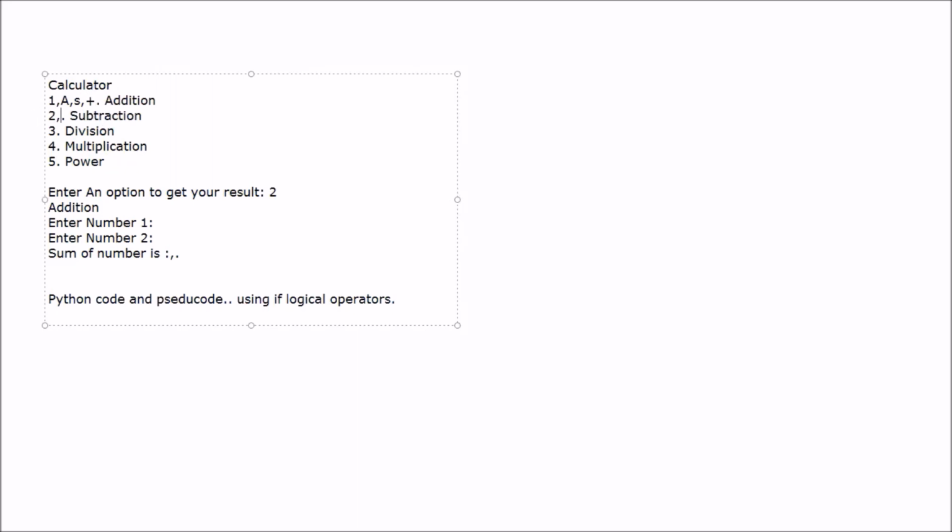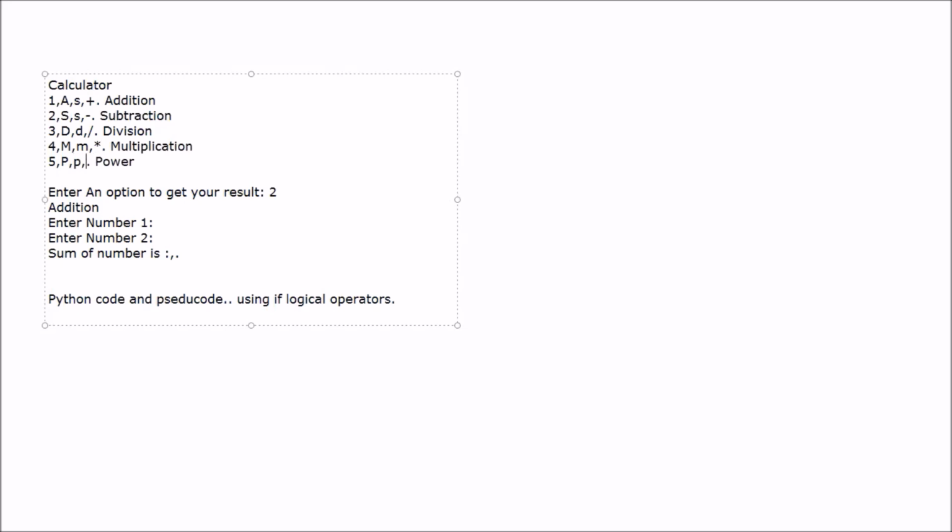Same with 2, capital S, small s, or a minus sign, it will go to subtraction. And for division, if I go with capital D, small d, and the slash key, it will go to division. And with multiply, capital M, small m, and the asterisk sign. And with the power, if I go with capital P, small p, and the caret sign.